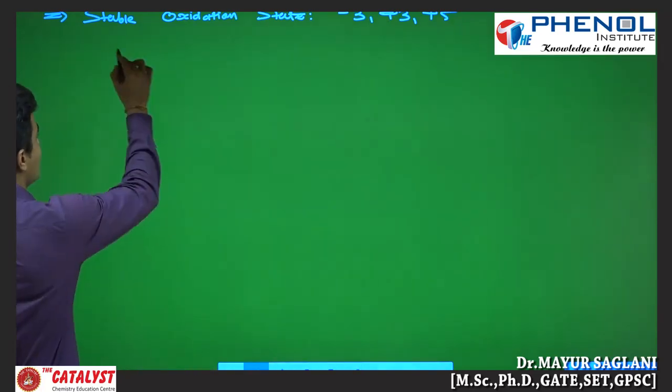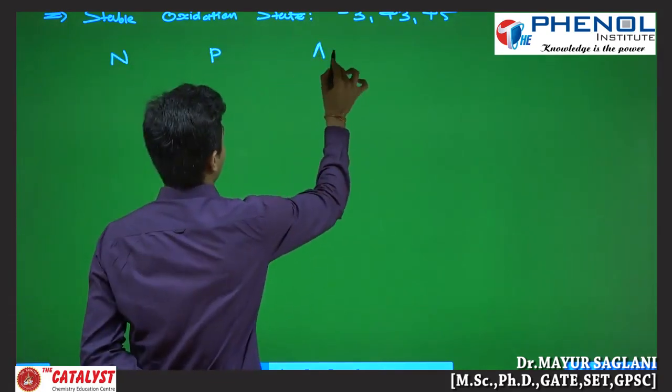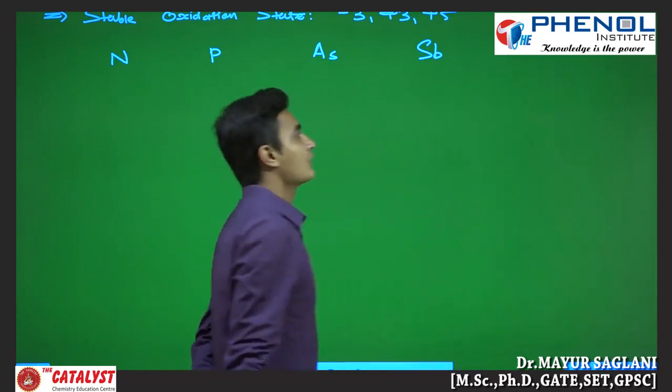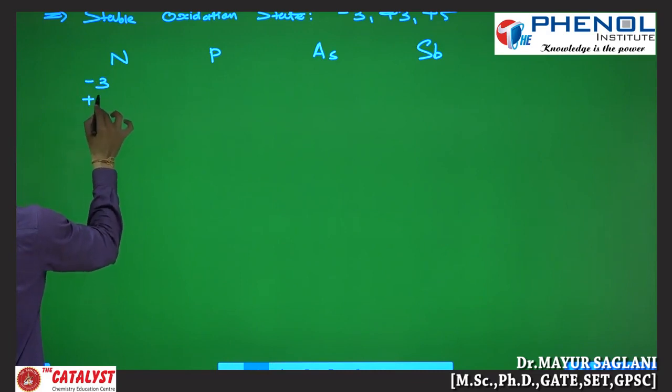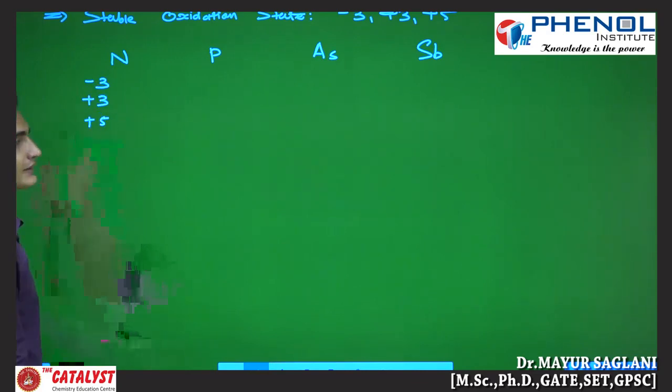Now if you see nitrogen, phosphorus, arsenic, antimony and bismuth, for stable oxidation states, nitrogen can show -3, +3, and nitrogen can even show the +5 oxidation state.